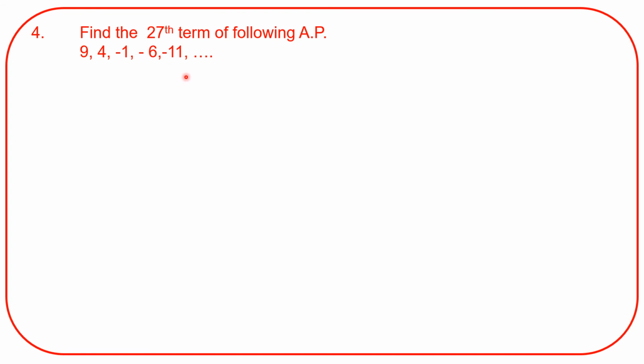Next example, and this one is the last example in this video. Find the 27th term of the following AP: 9, 4, minus 1, minus 6, minus 11, and so on. Solution. Here 9, 4, minus 1, minus 6, minus 11 is an AP.